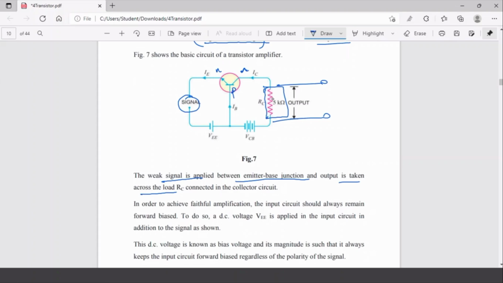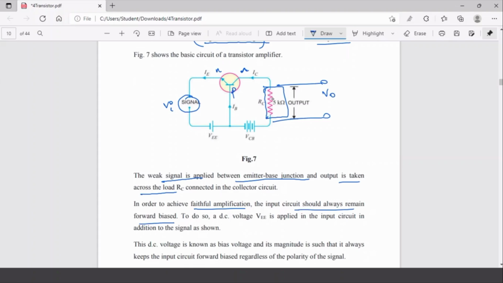So we are applying a small voltage signal here, and we are measuring the output voltage across this. We will see that this V0 is very much greater than Vi. How is it happening? Let us see. In order to achieve this amplification, this input circuit should always remain in forward bias condition. Then only is it a lower resistance path.